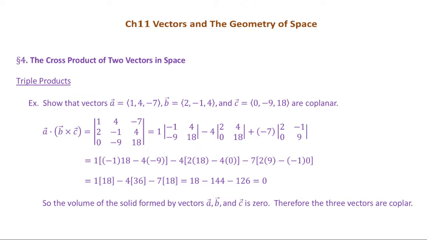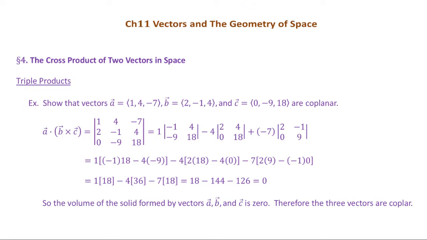And then minus the second entry in the first row, which is 4, times the determinant of the 2 by 2 matrix 2, 4, 0, 18, which comes from the deletion of the first row and the second column. And then plus the third entry in the first row, which is negative 7, times the determinant of the 2 by 2 matrix 2, negative 1, 0, negative 9.